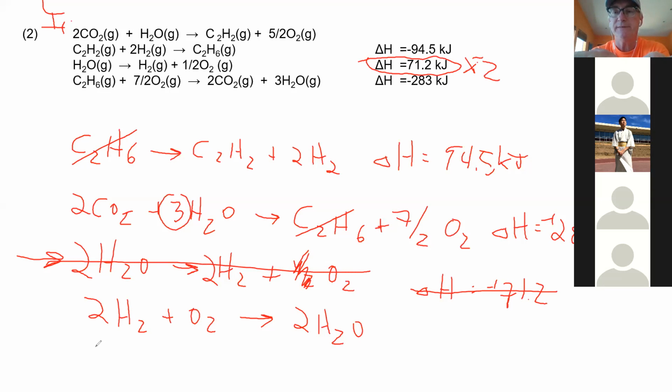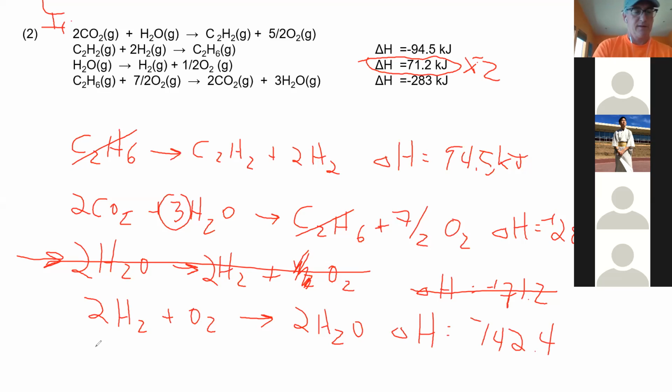So that's my minus, and we multiplied it by 2. So we need to multiply it by 2 and reverse the sign. So my new delta H should be minus 142.4, right? That's 71.2 times 2, hopefully.